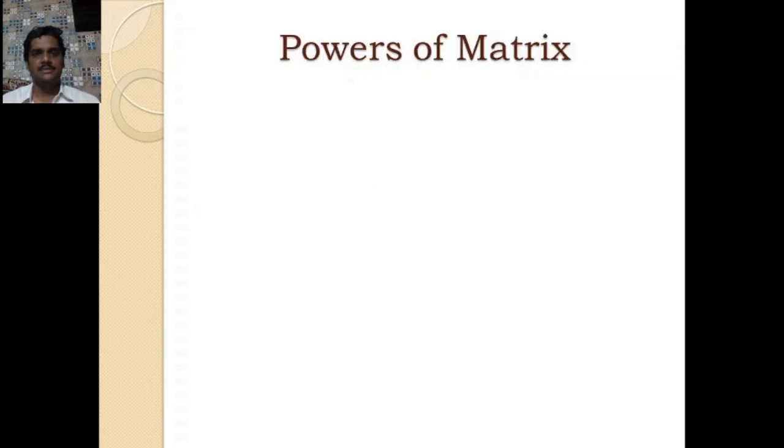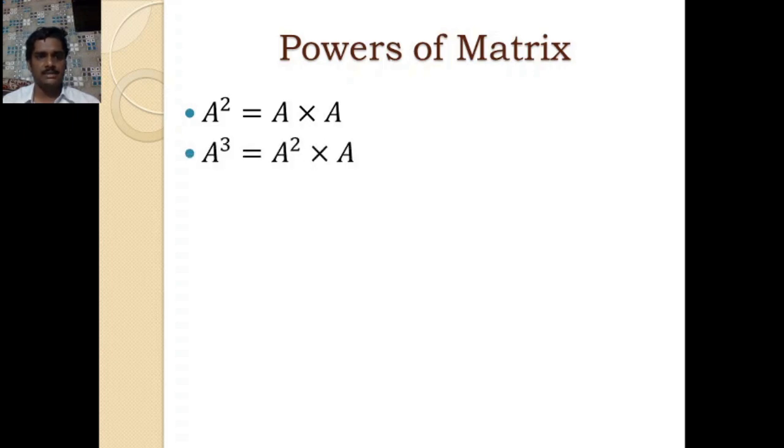So in this section, we are going to see how to compute powers of a matrix. Nothing but A square, A cube, A raised to 4, or in general, A raised to n. A square is nothing but if you multiply matrix A with itself, that will give you A square.